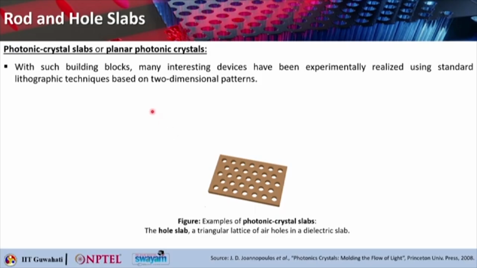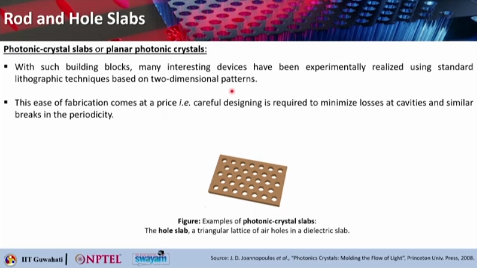With such building blocks, many interesting devices have already been experimentally realized using standard lithographic techniques based on 2-dimensional patterns. This ease of fabrication comes at a price, that is, careful design is required to minimize the loss at the cavities and similar breaks in the periodicity.